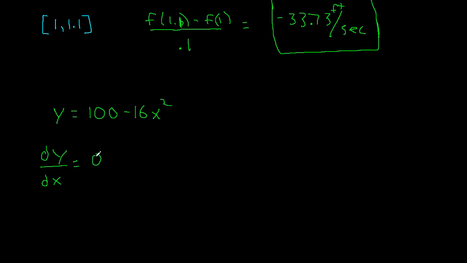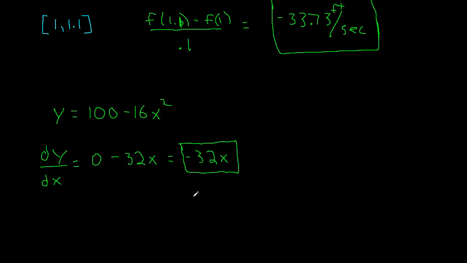Change in distance divided by change in time equals, okay, well, what's the derivative of 100? It's just 0. And what's the derivative of negative 16x squared? I'm just going to use my power rule here, and this will be negative 32x. So my derivative at any time x is going to be negative 32x. Okay, well, I'm interested in the derivative specifically when x is 1.